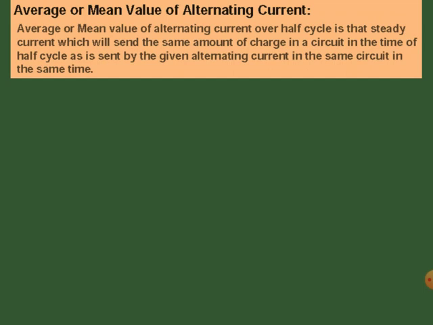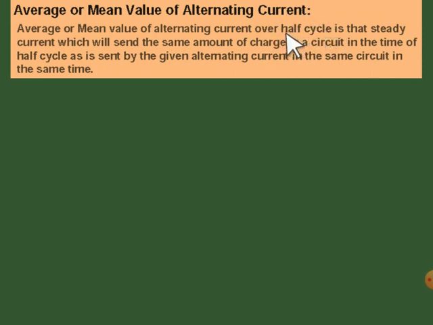Now let's see what is meant by the average or mean value of AC current. We sometimes call this the average value or mean value of AC current. What is meant by it? Mean or average value of AC current over a half cycle. Why are we defining this over a half cycle?